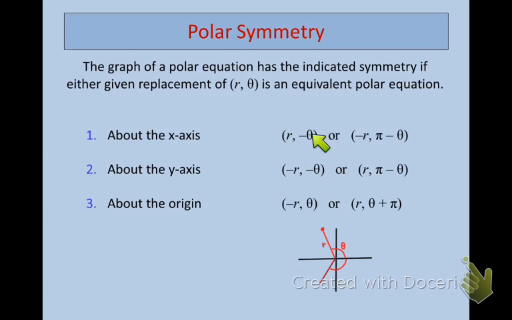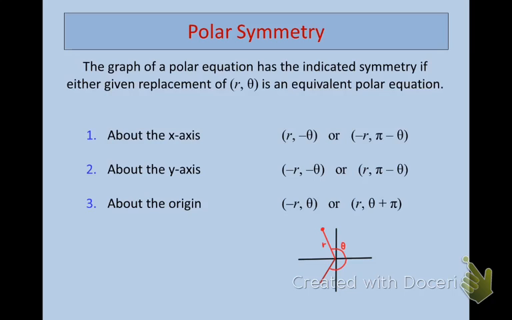And again, this works because if I take pi minus theta, it's going to take me right here. If I take pi and subtract off that value, it takes me on this line, and then if I give it a negative radius, it throws me down onto the same exact line. So again, these two things are equivalent. I'm not going to do the second one because it's similar reasoning. You can think through that on your own, and it would be good for you to do so.